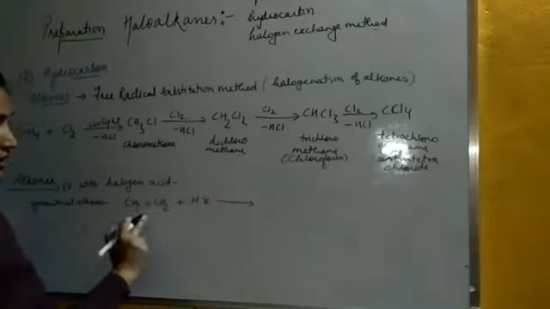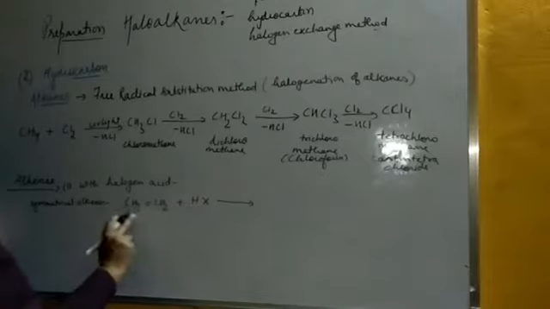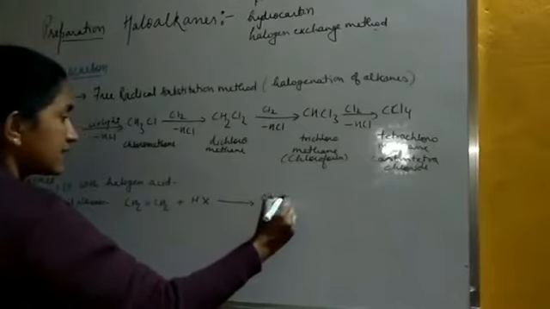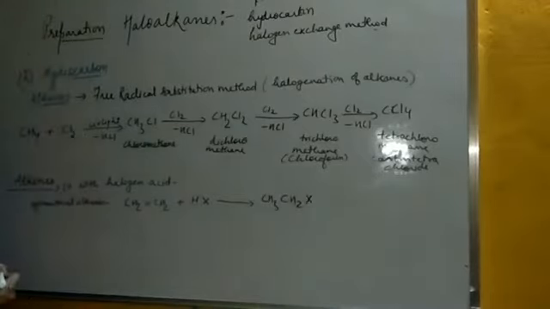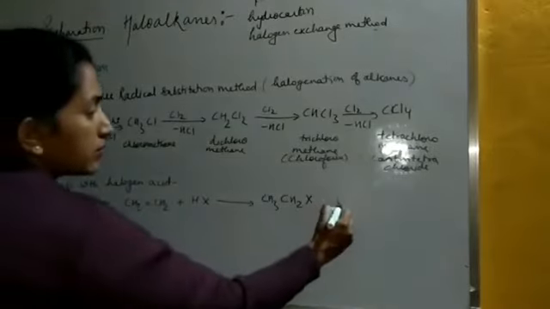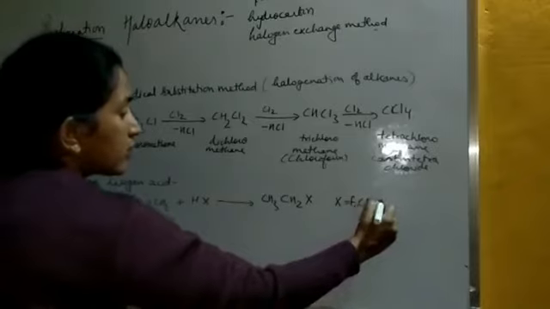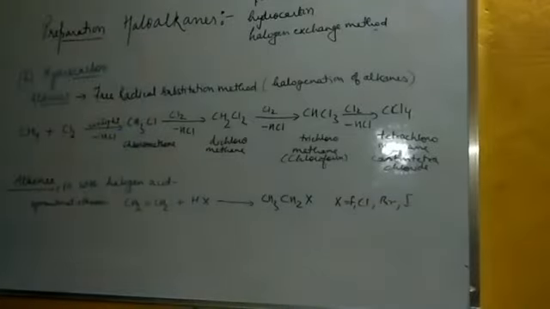So if it's a symmetrical alkene and HX halogen acid, here H and X can link to any of the carbon atoms across the double bond. So we will get CH3CH2X. Right. So if X is chloro, we will get chloro. If it is fluoro, bromo or iodo, respectively, the haloalkane will be formed.